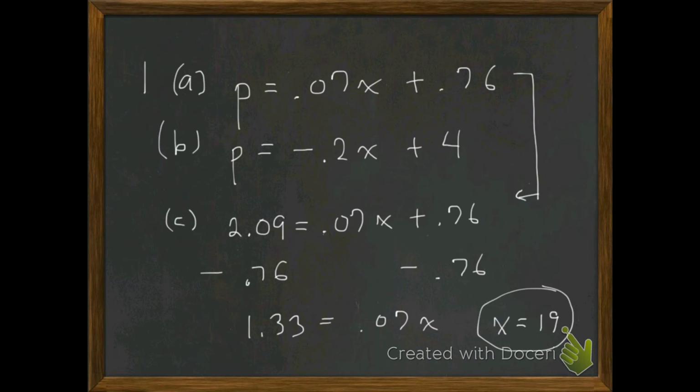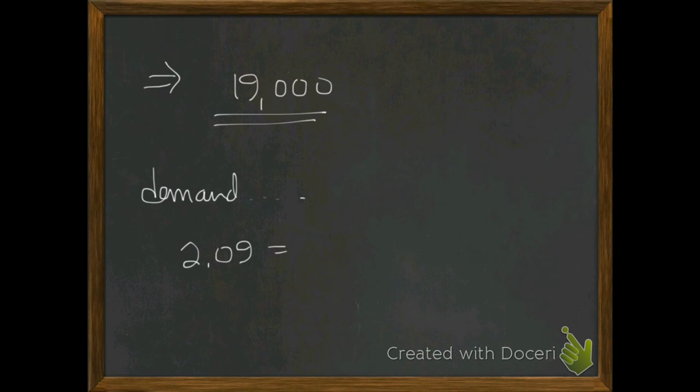Let's go back and get our demand function, negative 0.2x plus 4. All right, so subtract 4. So we get negative 1.91.